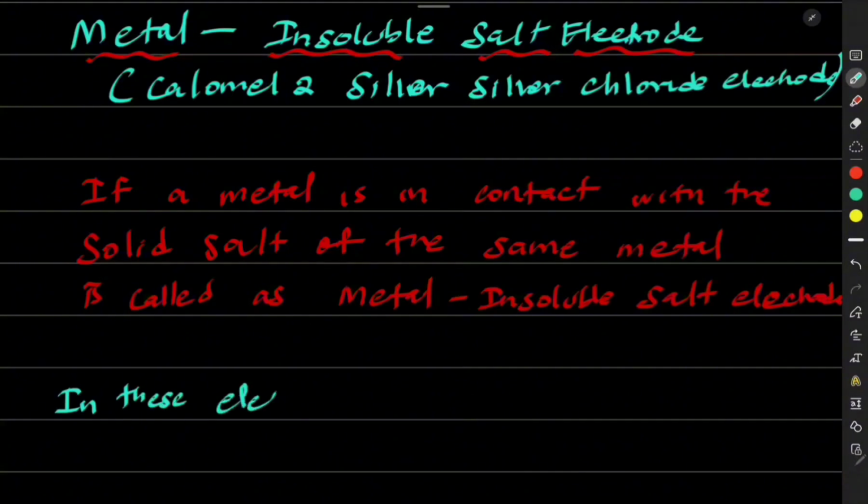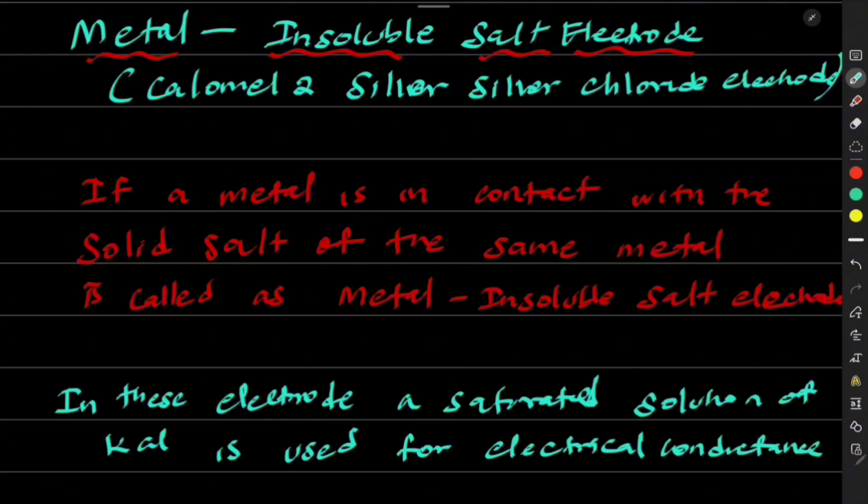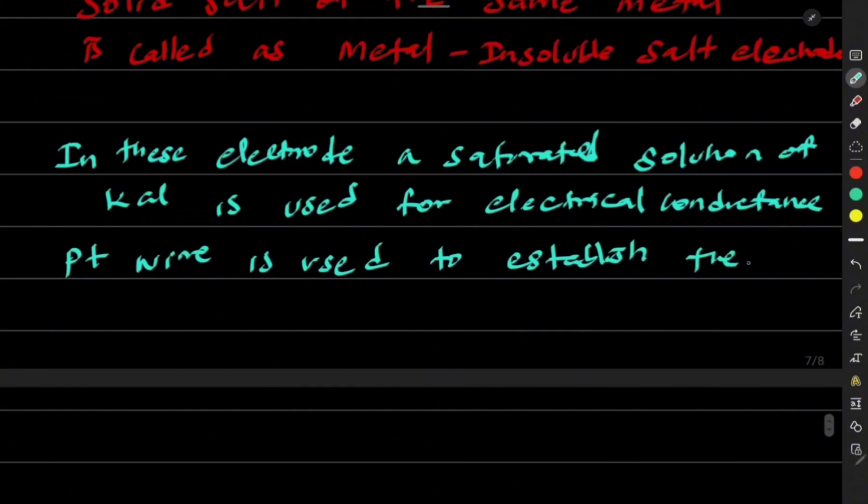In these electrodes, a saturated solution of KCl is used for electrical conductance, and there will be a Pt wire also. The Pt wire is used to establish the electrical connection.